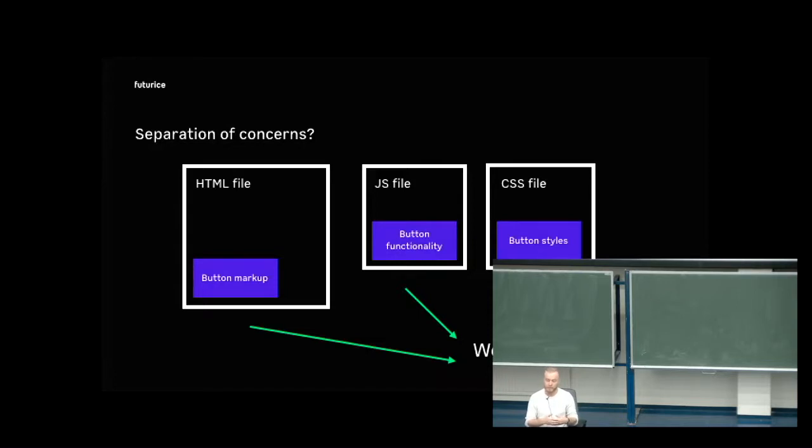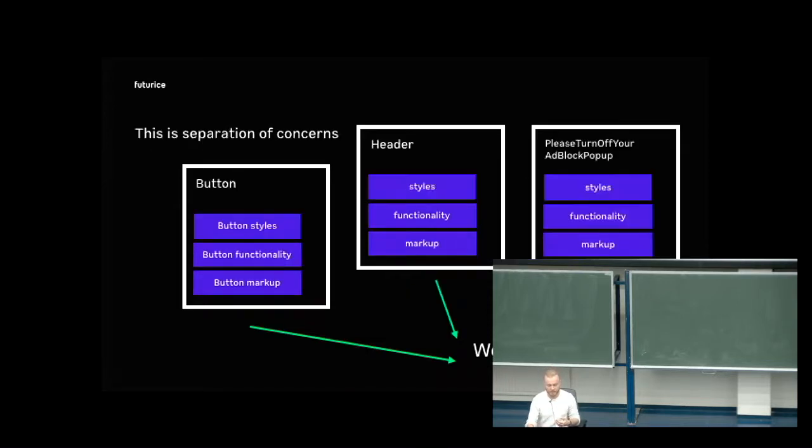If you wanted to have separation of concerns, you would do it this way: you would have categories like button, which has styles, functionality, and markup in it, same for header, same for everything you want to have on your website.